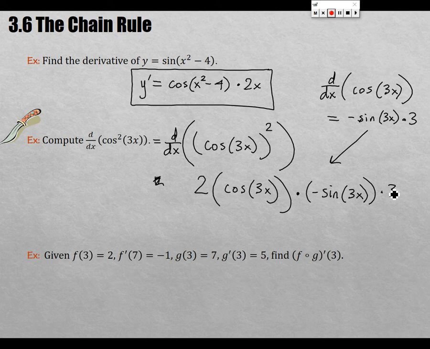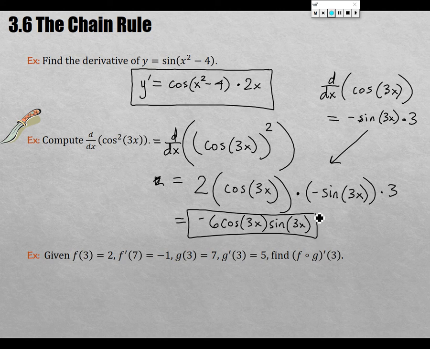Do you see how each time the next inside derivative is popping out? Like a chain, you might even say. A chain, yes. We can clean this up a little bit. Maybe we just say negative 6 cosine 3x sine 3x, right? What do you think?